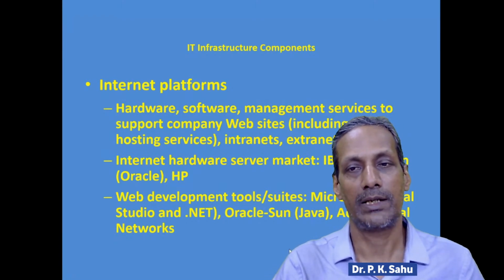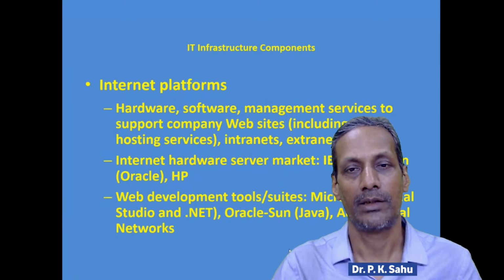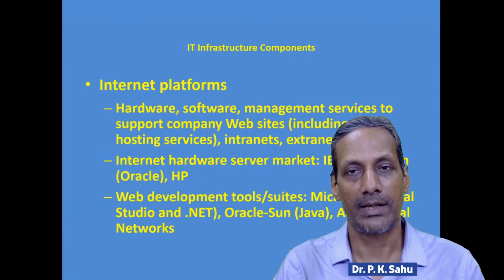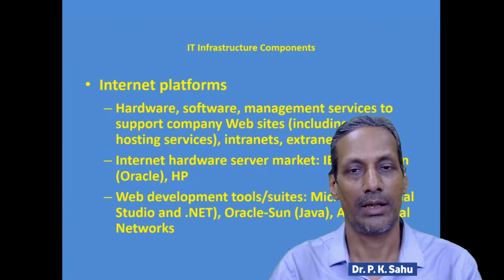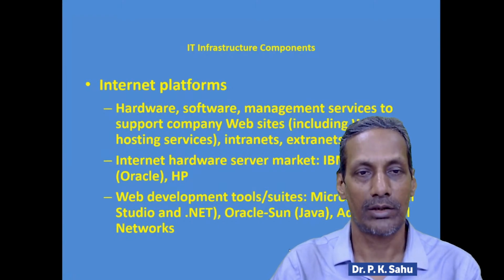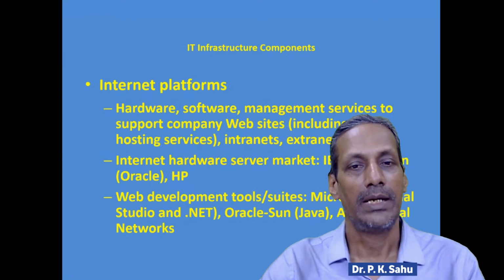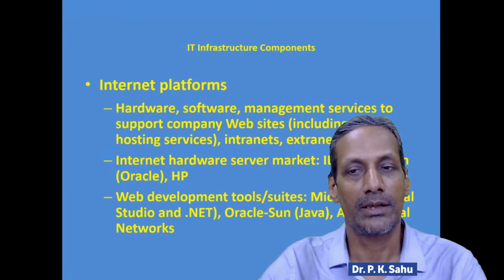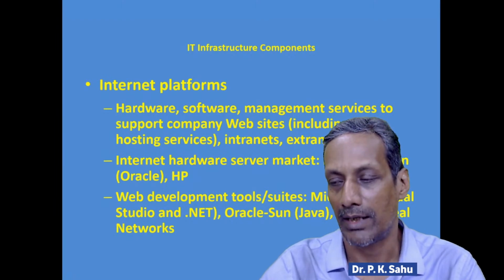Basically, you need the right kind of hardware to implement intranets and extranets to provide the many benefits to the organizations. In the internet hardware server market, IBM is the leader, apart from Dell, Sun, and HP.